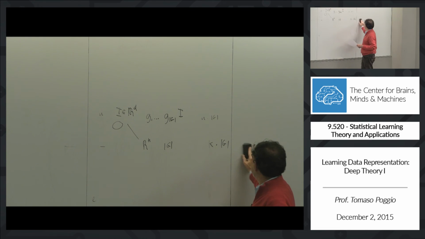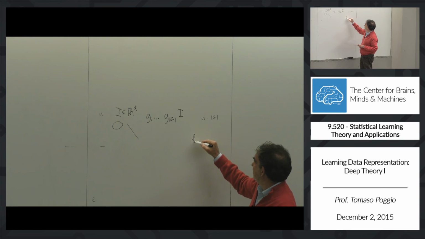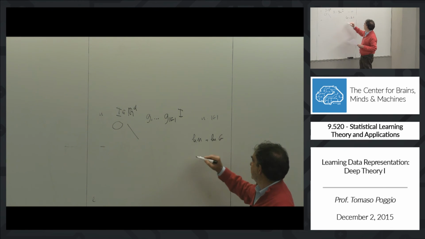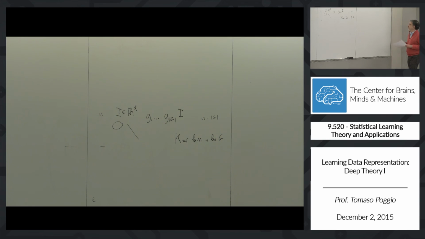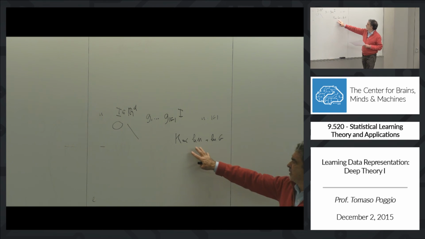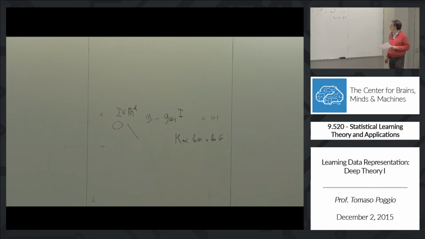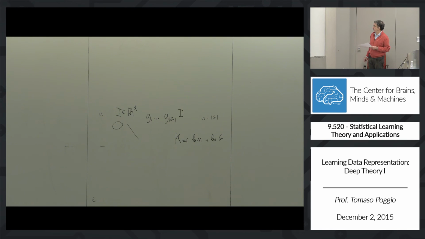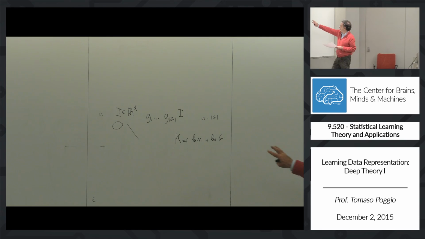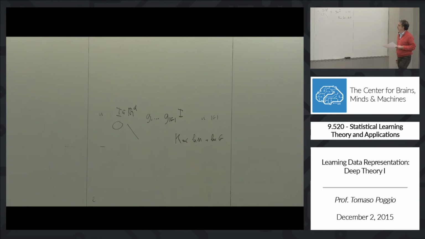And so the number of templates I will need for projecting will be in the order of log n plus log G. Let's call it big K. And if I project in this space, I can then have a quasi-isometry, and distinguish all of the images, including the transforms of the original ones.